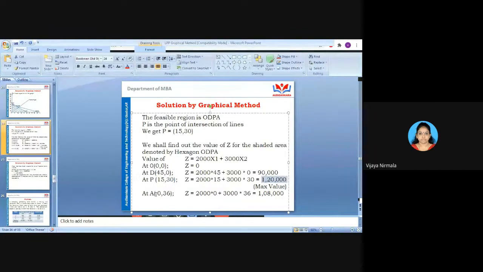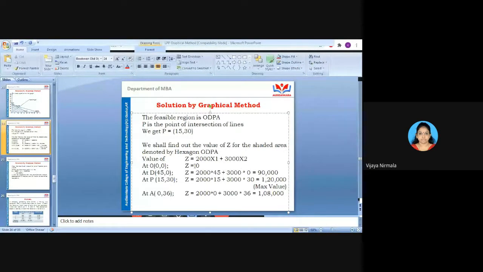And at A, (0, 36), Z is equal to 2000 into 0 plus 3000 into 36, which is 1,08,000. This is how you substitute the corner points in Z.